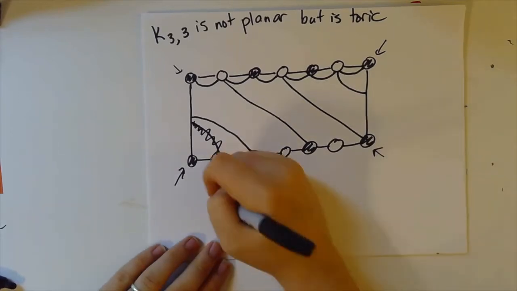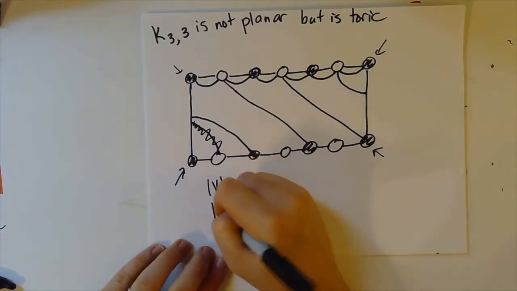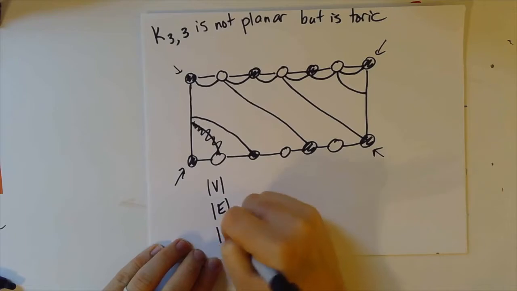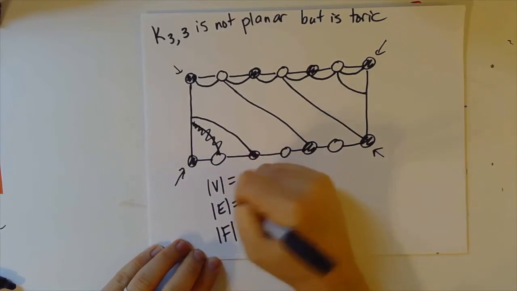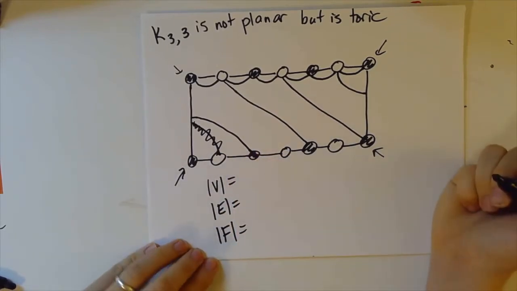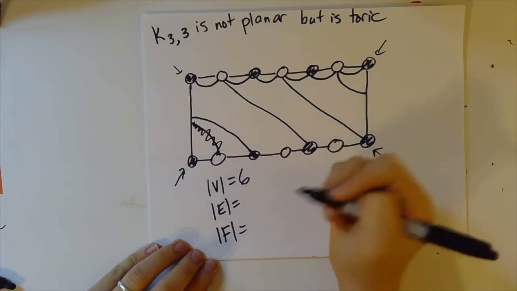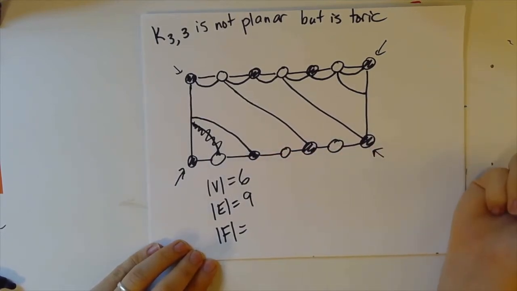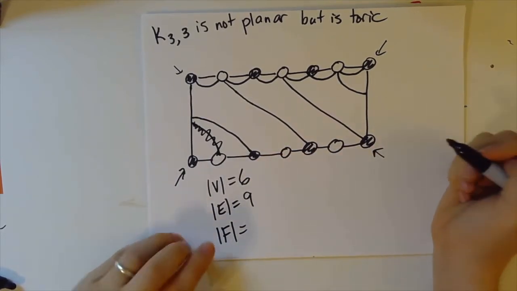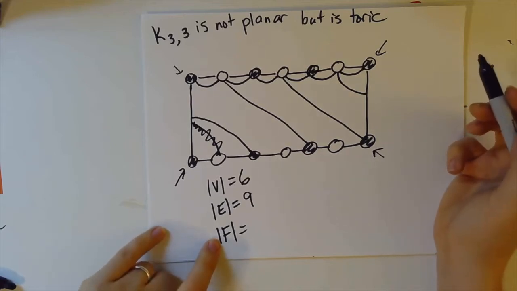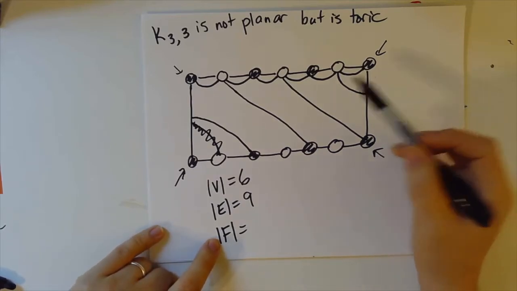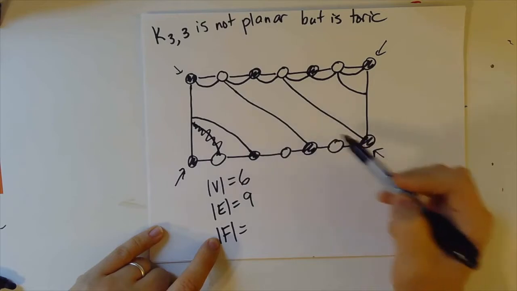Okay, and so we can again just verify here that the fancy version of Euler's theorem, the toric Euler's theorem, works out. So here we've got 6 vertices and 9 edges, because this is K33. And the faces, let's see what our faces are. Okay, so we've got this region all blocked off.